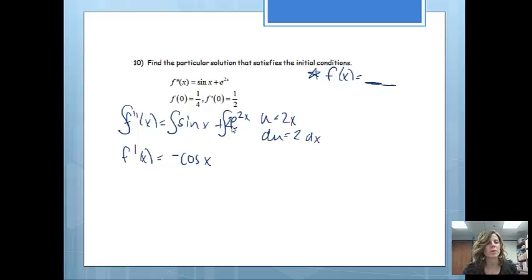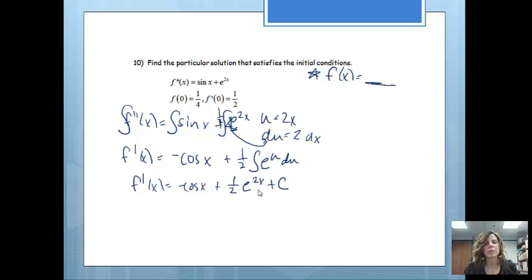Notice I don't have a 2 in there, so I'll put a 1/2 on the outside. I've done nothing with the e. u was my 2x, and this 2 was a part of du. So from here the derivative is equal to negative cosine x plus 1/2 times the integral of e to the u, which is just e to the u, and then plus c.